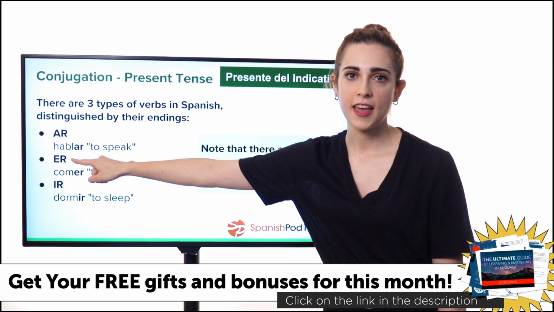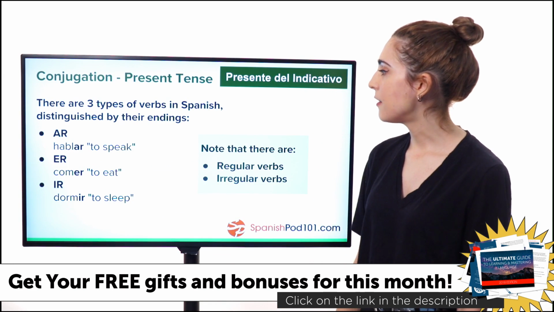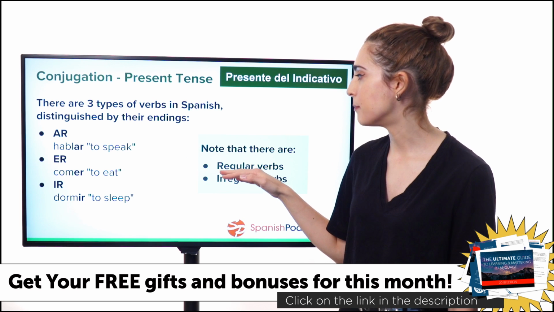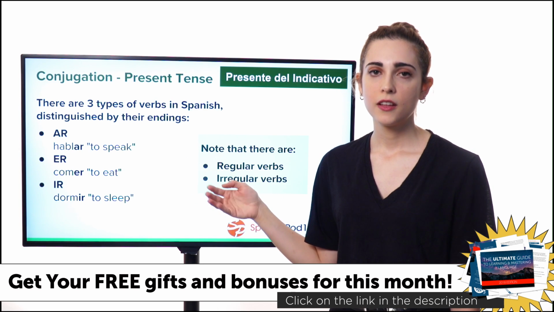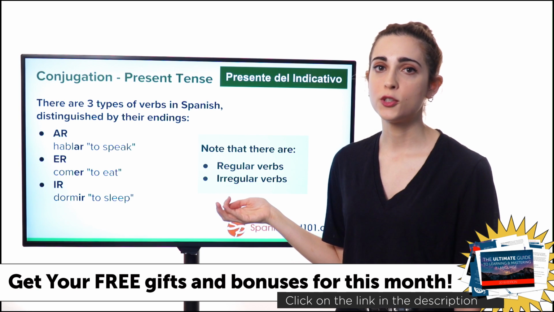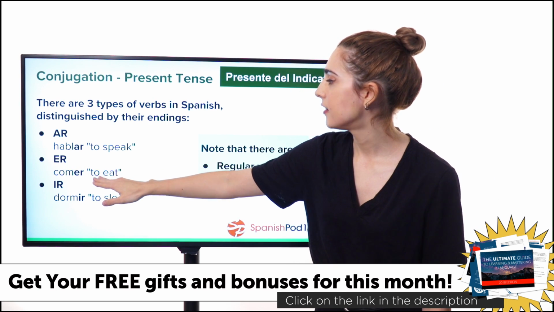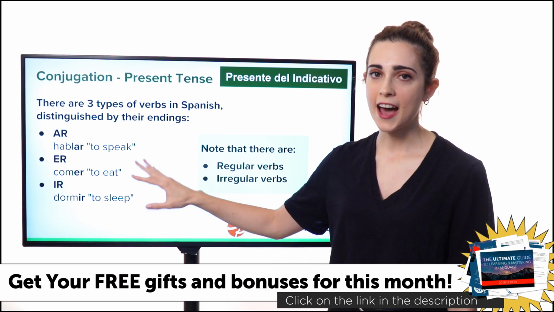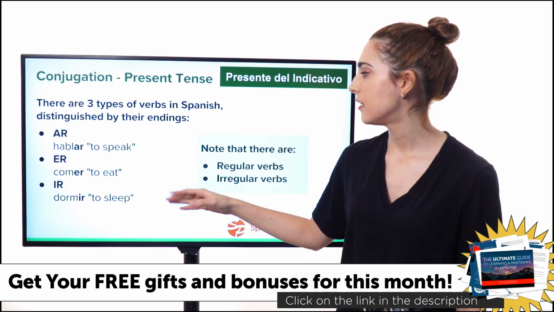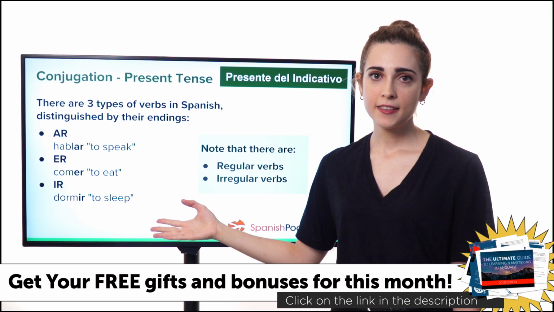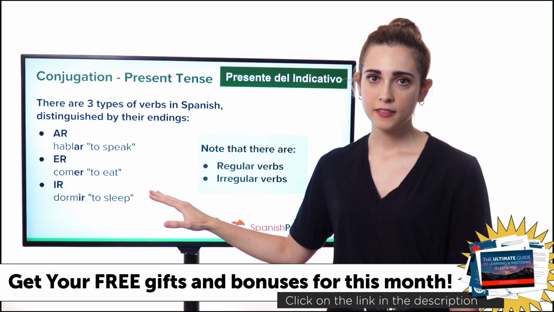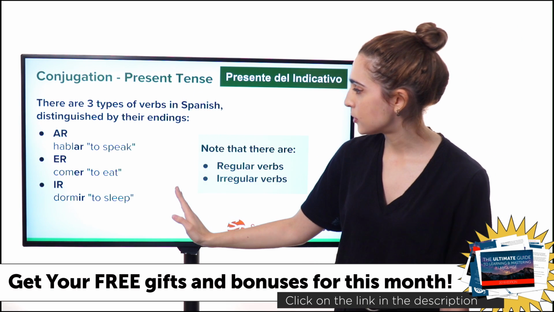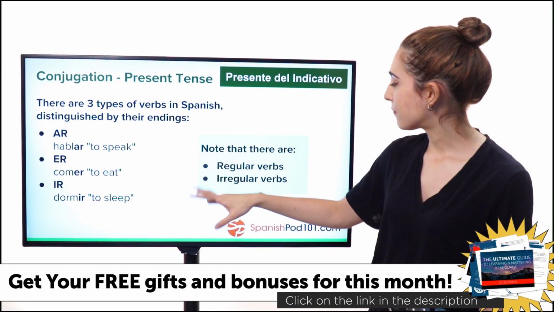Then the verbs that end in ER, for example comer, which means to eat. And the last case is the verbs that end in IR, for example dormir, which means to sleep.